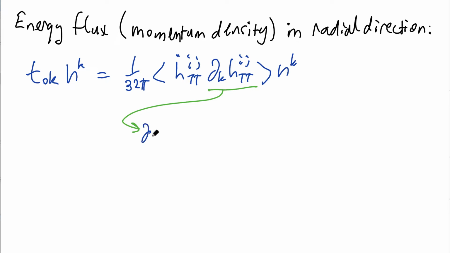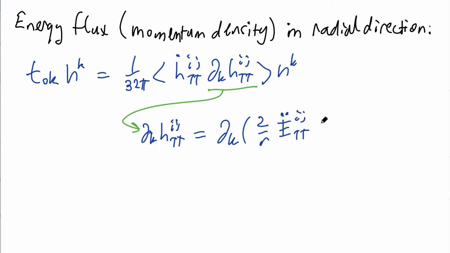This is partial k h_ij^TT, and using our result for h^TT, we have partial k acting on 2 over r times I bar double dot_ij^TT, and that's a function of t minus r. Now partial k is a derivative with respect to x^k, and x^k appears in two places as the magnitude of x^k, namely r right here and again here.